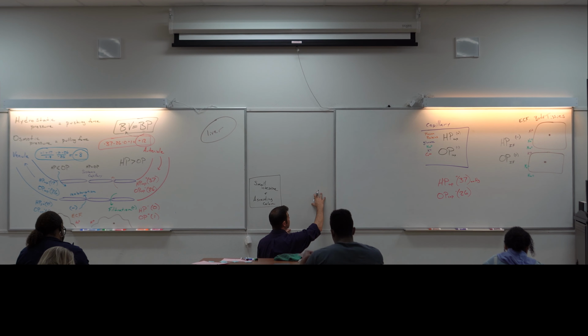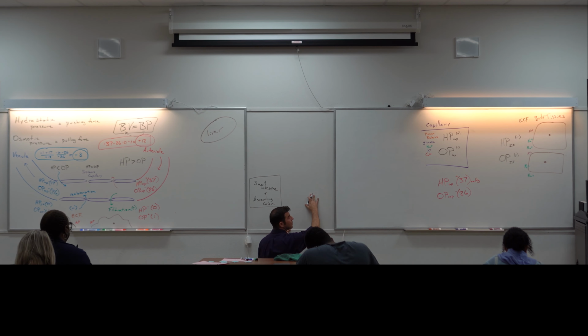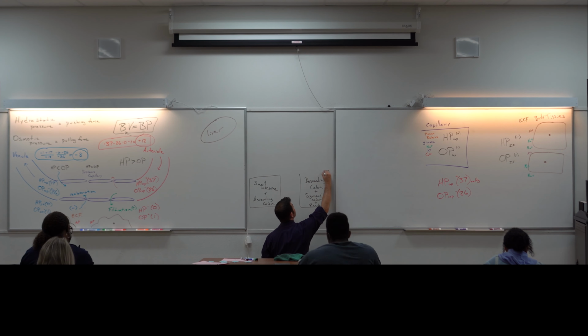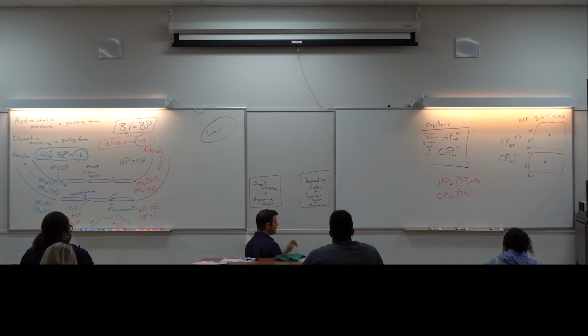So we'll say descending colon and sigmoid colon. So the distal end of the colon and the rectum will be represented by this box.